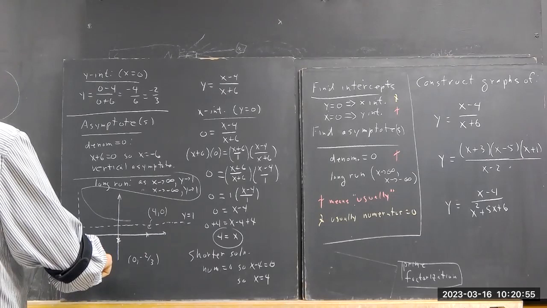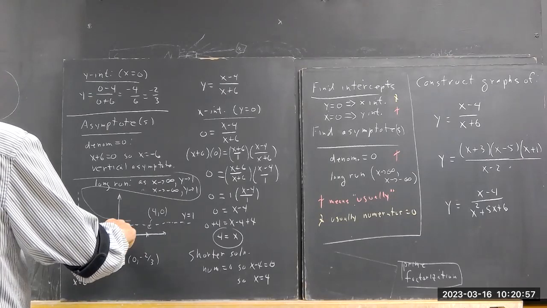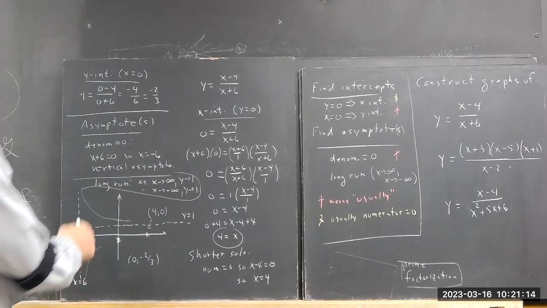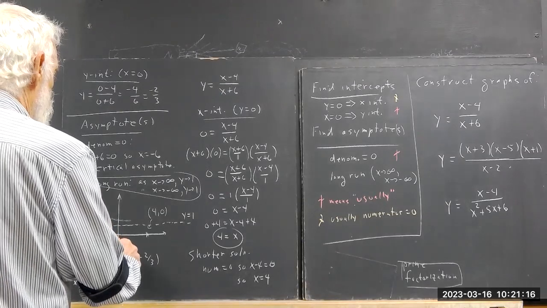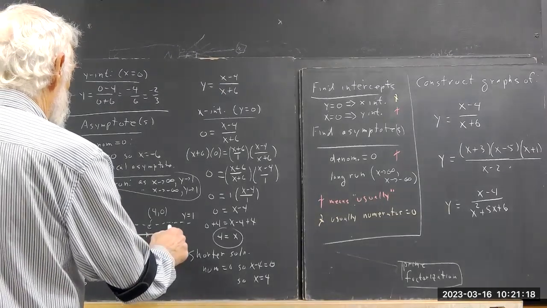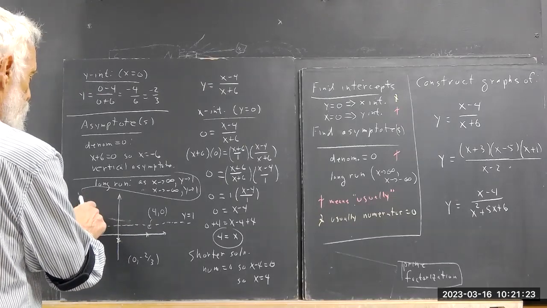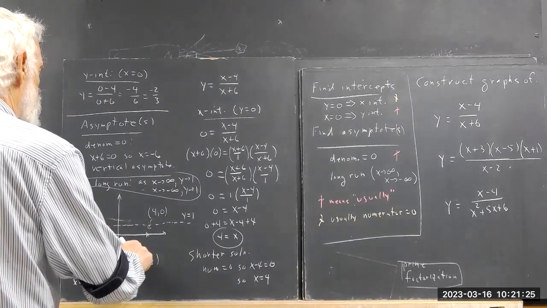Or it could be upside down and look like this. Now, which is it? Conceivably it could come down here and go through this point and come back up through this point. So maybe it could do this, except it can't.